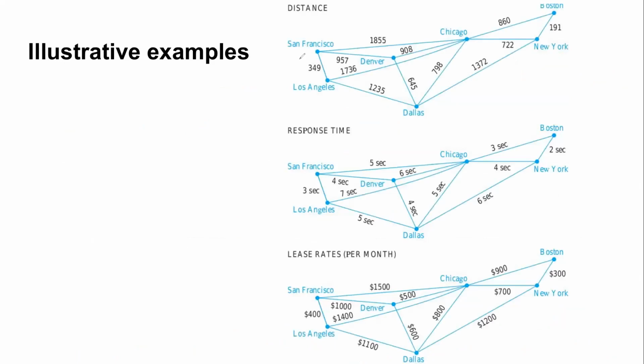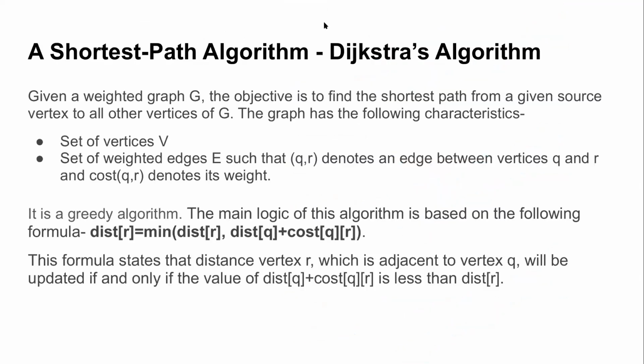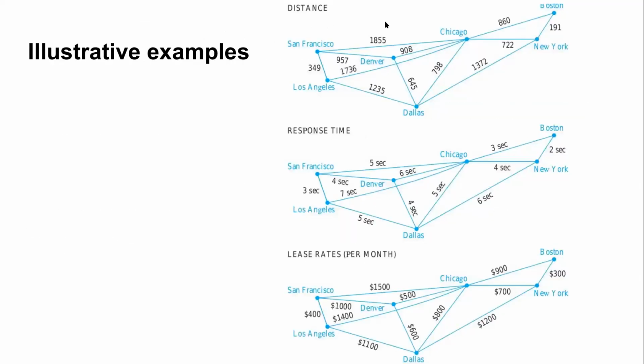So here are some more examples. Again, it's a US city, but the examples are different. The examples here considered are... First one is the response time.